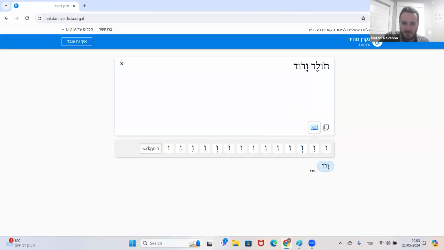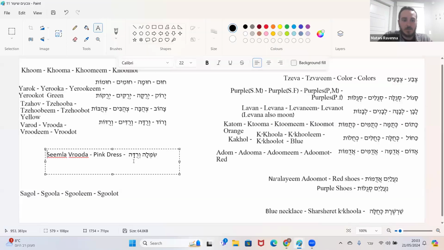And as you can see, my vowel tool always wants me to use older Hebrew. Varod. So this is a bad example that we will definitely not use in Israel, but for the sake of making sense, choled varod, pink mole rat.